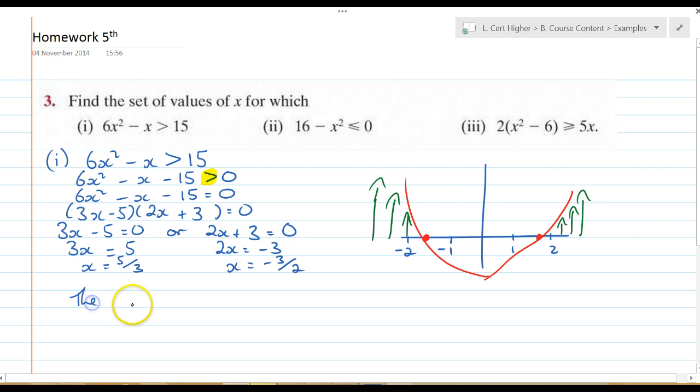The solution is x can be less than -3/2, or x can be greater than 5/3. That's question 1 done.